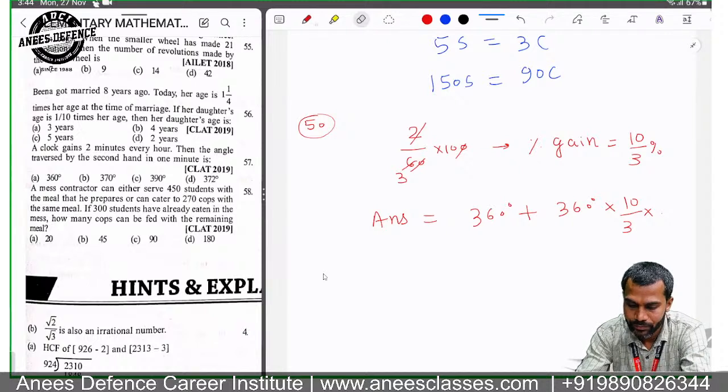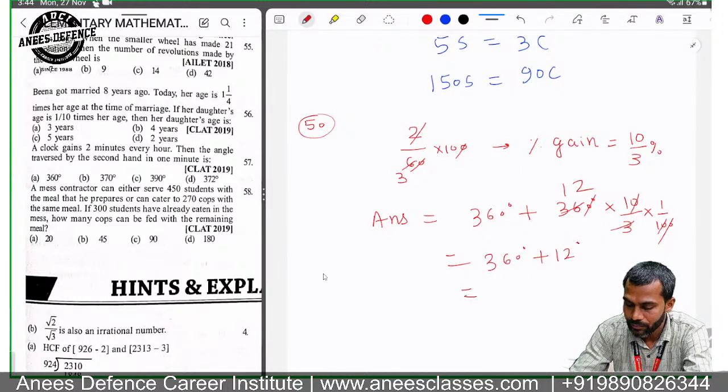The 0 and 0 will get cancelled. This is 12. So the answer is 360 plus 12, that is 372 degrees is the right answer.